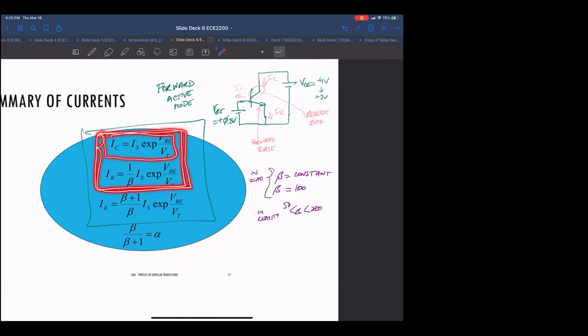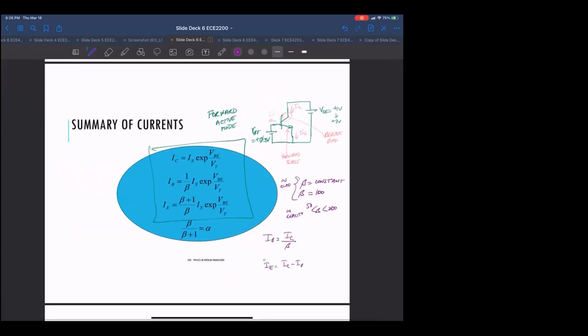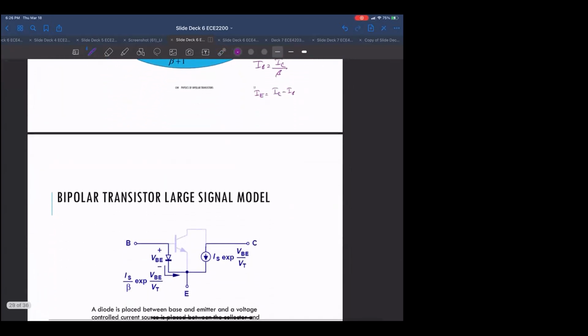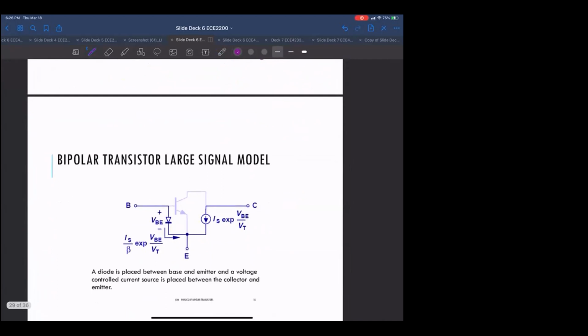This equation for I sub C and the fact that I sub B is I sub C divided by beta. And this I emitter is I sub C minus I sub B. Okay. So as long as you're in forward bias, those are the equations that you have to worry about. Okay. And so now to add the model of this base. So initially, remember, we had this.